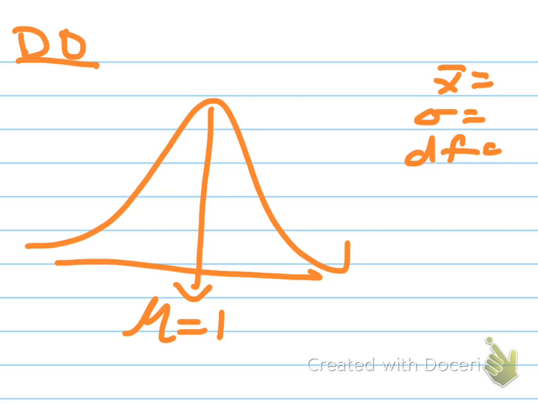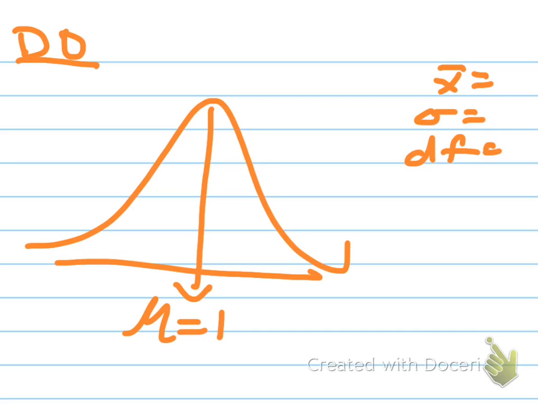Get out your graphing calculator now, and hit Stat, enter on Edit, and in L1, enter all your data. Pause now to do that. Once you have it all in your calculator, hit Stat, arrow over to Test, go to T-Test, hit Enter. We have data now. We are not given statistics. We have data, so I'm going to keep my cursor for the input on Data.